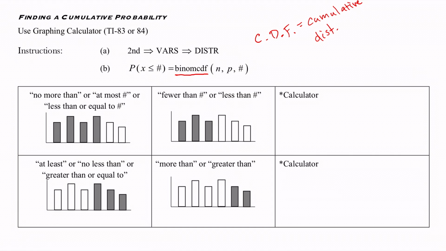That means it's going to be adding up a bunch of probabilities between some particular values. What we're doing when we use binom CDF is computing all the values that are less than or equal to some number.